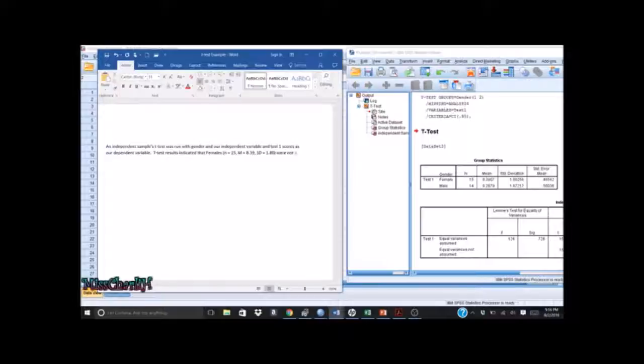And they were not significantly different from the males. And the males, again, the information is right here. So I'm going to do my lowercase n.